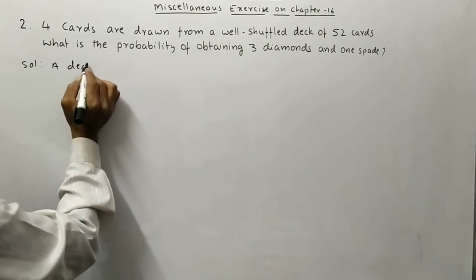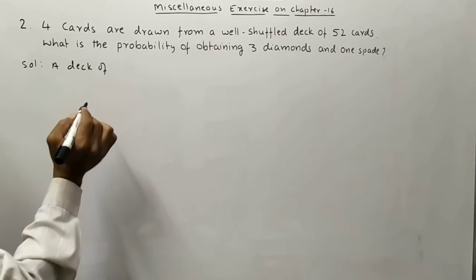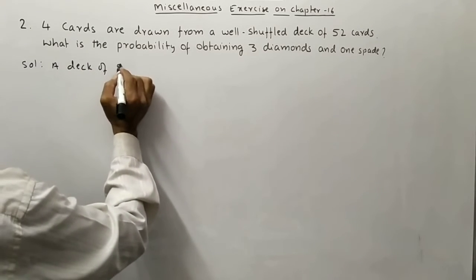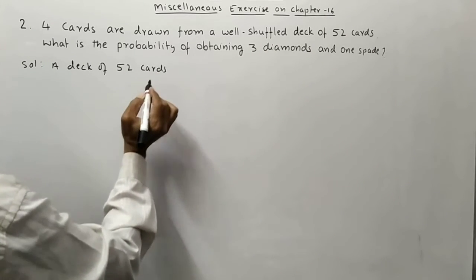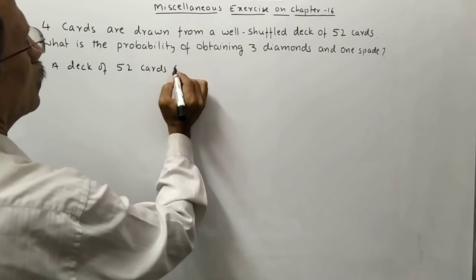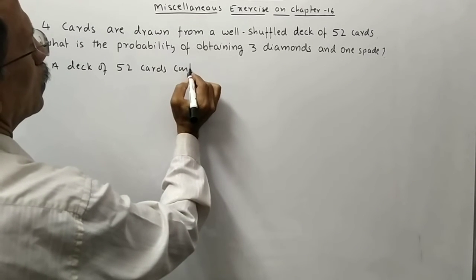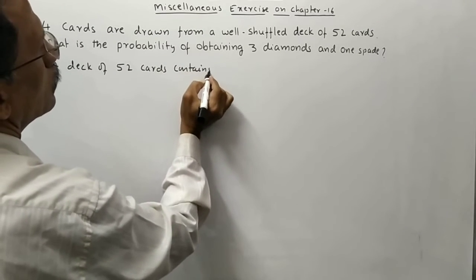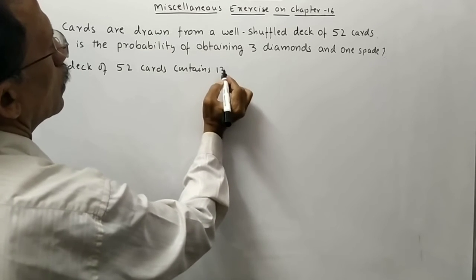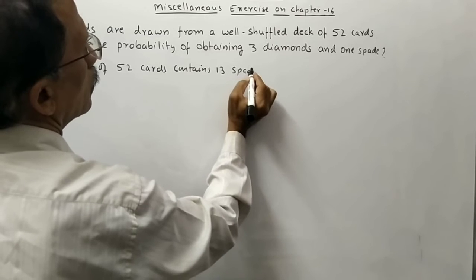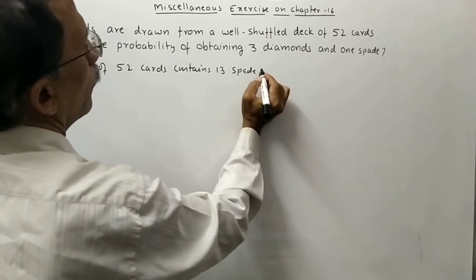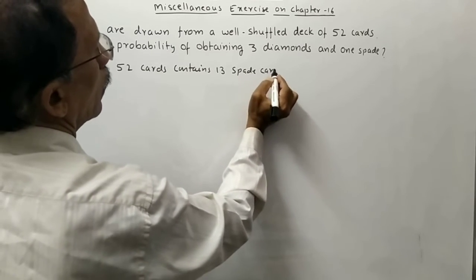A deck of 52 cards contains 13 spade cards.